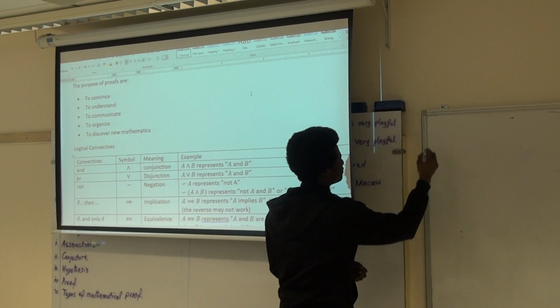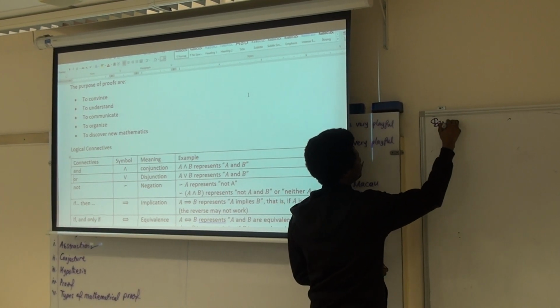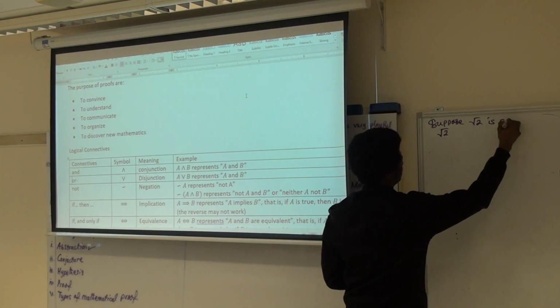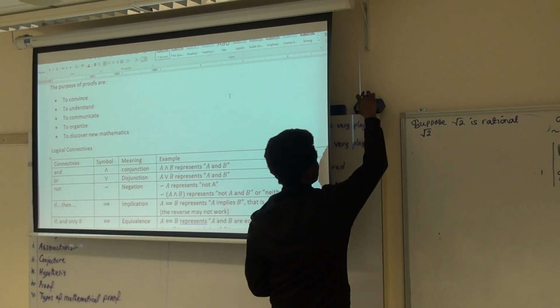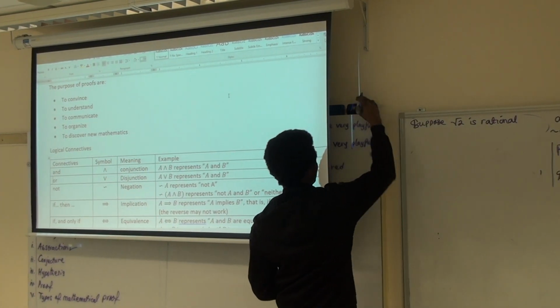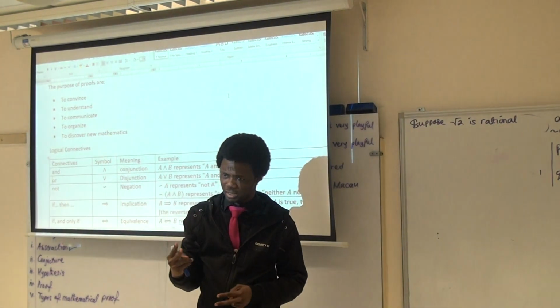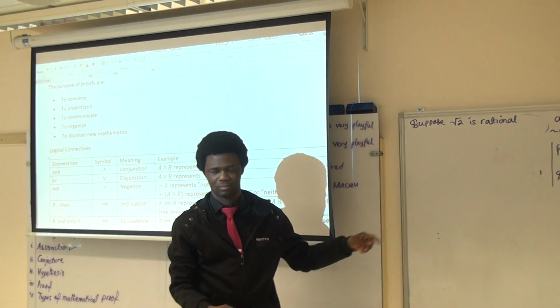Now, like I said, suppose root 2 is rational. What do we call this line again? That line that I wrote, what is it called? I told you a proof has three parts. Hypothesis.